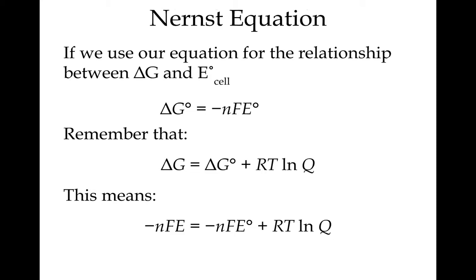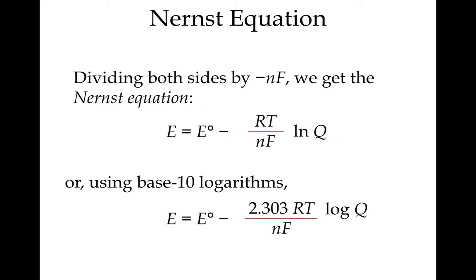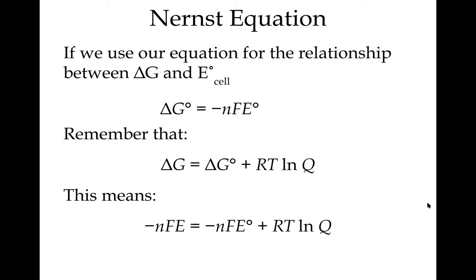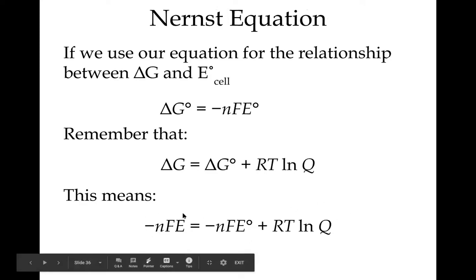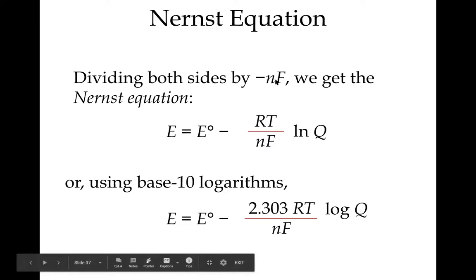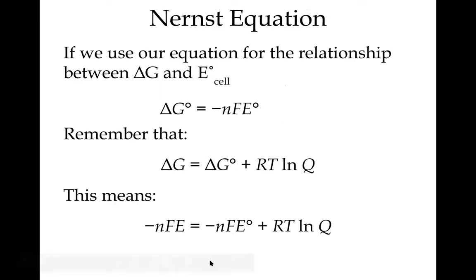Okay, so now we get to this point. Here we are. So if we divide both sides by the negative moles Faraday, now we get the Nernst equation. So we went from this, okay, and we're dividing both sides by negative NF. So what happens when we do that?